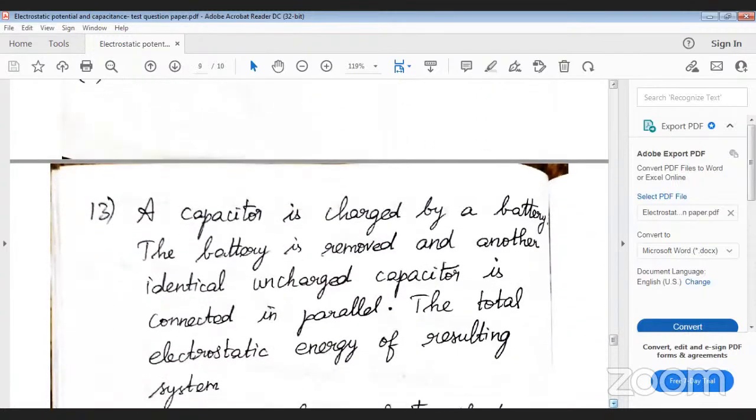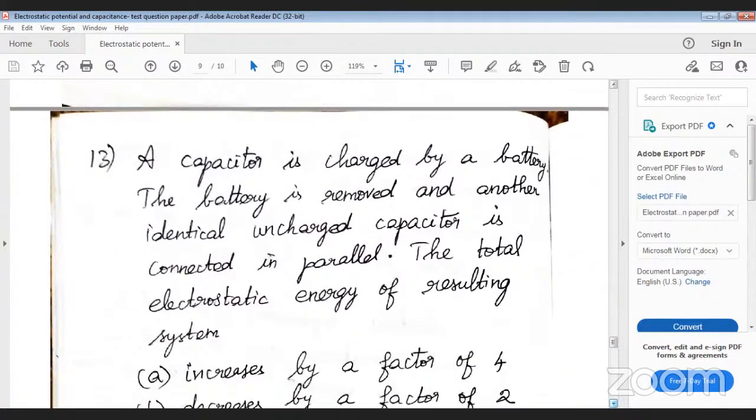Question number 13 is a similar question actually, but you have a minute difference here.